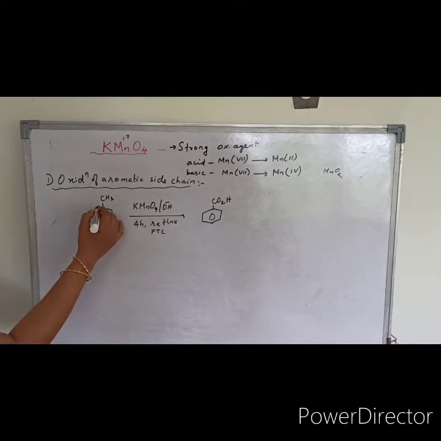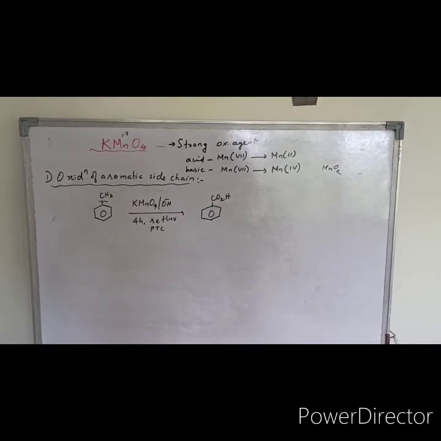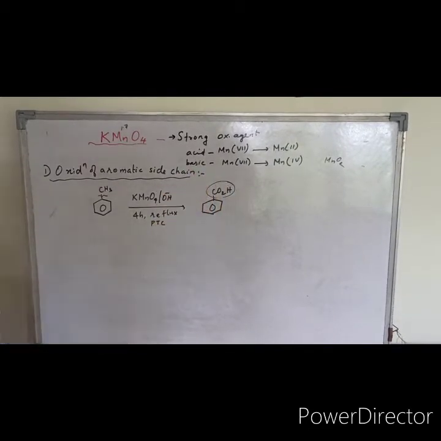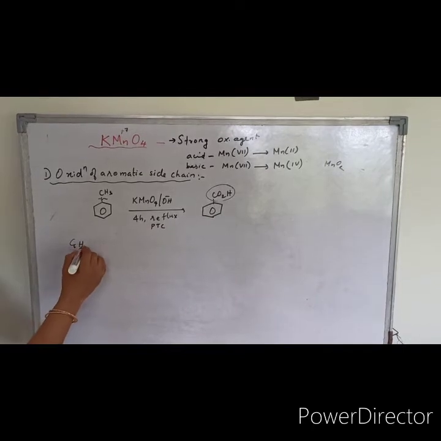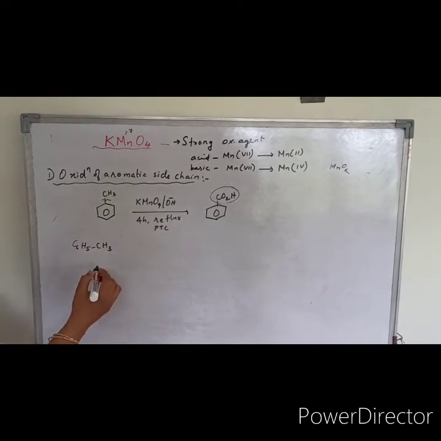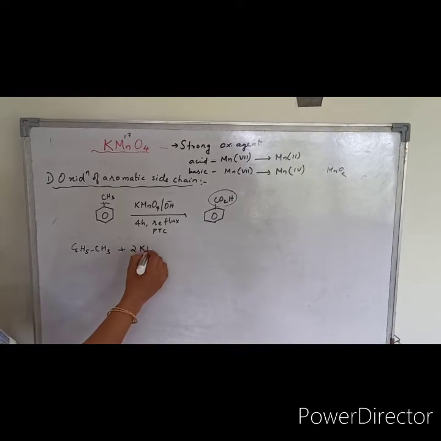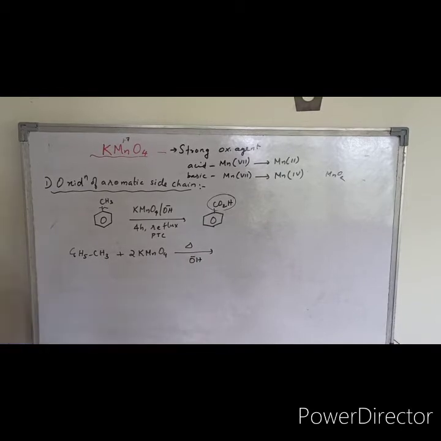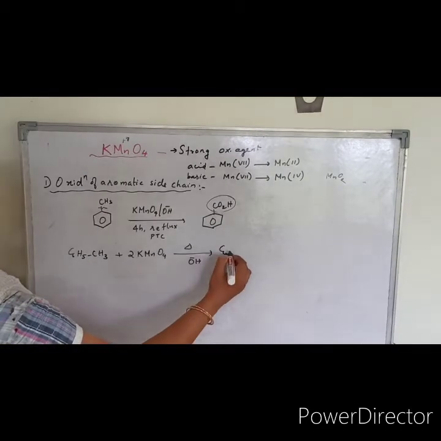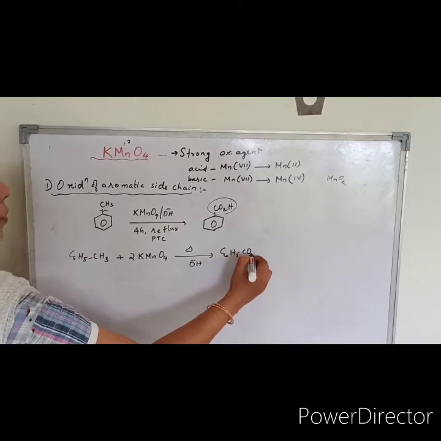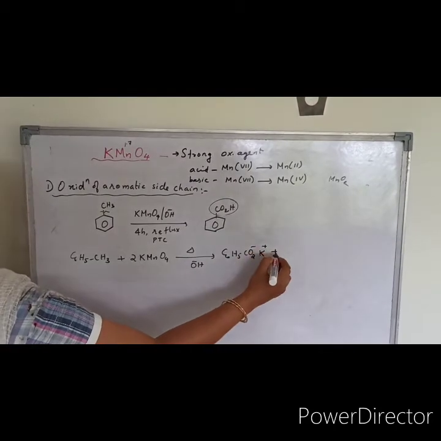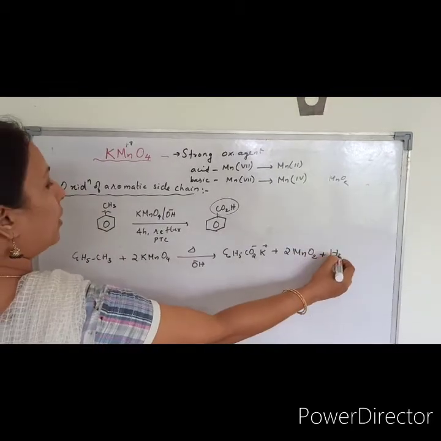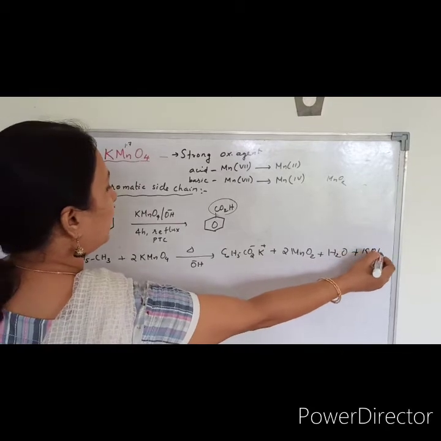Any alkyl side chain attached to a benzene ring will be oxidized by KMnO4 to the corresponding carboxylic acid. How is this happening? Let us take toluene. The equation for this reaction is toluene plus 2 KMnO4, in the presence of alkali and heat, giving the potassium salt of the carboxylic acid plus 2 MnO2 plus water plus KOH.